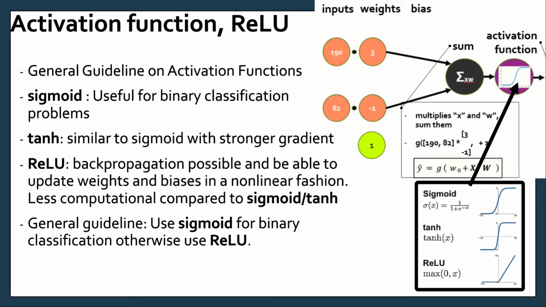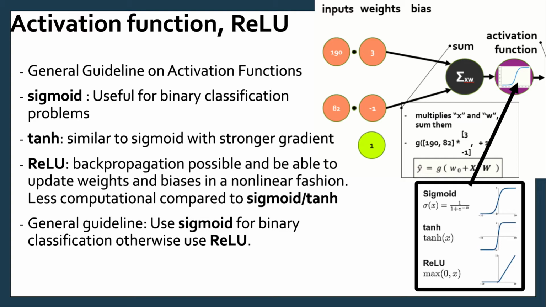Okay, a general guideline for activation functions. Again, we have the sigmoid. It's good for binary classification problems, so it's one or the other. The tanh is similar to the sigmoid with a stronger gradient, so it can show you different levels of colors.